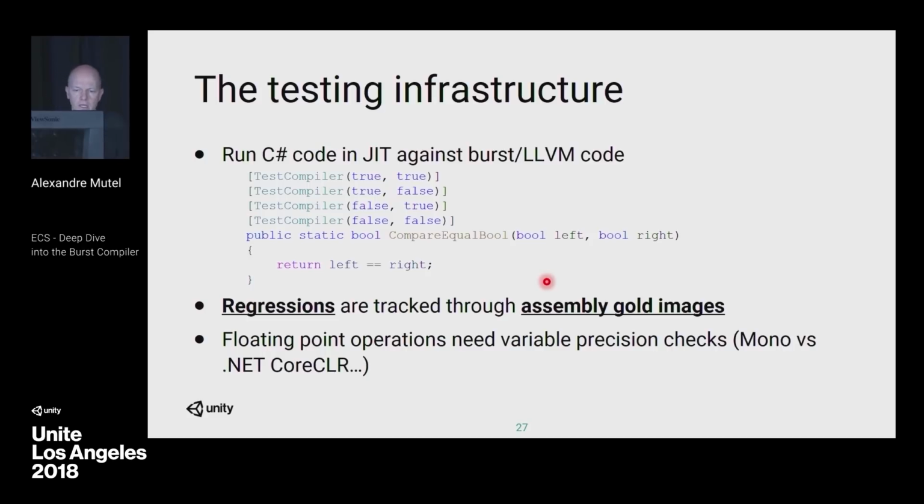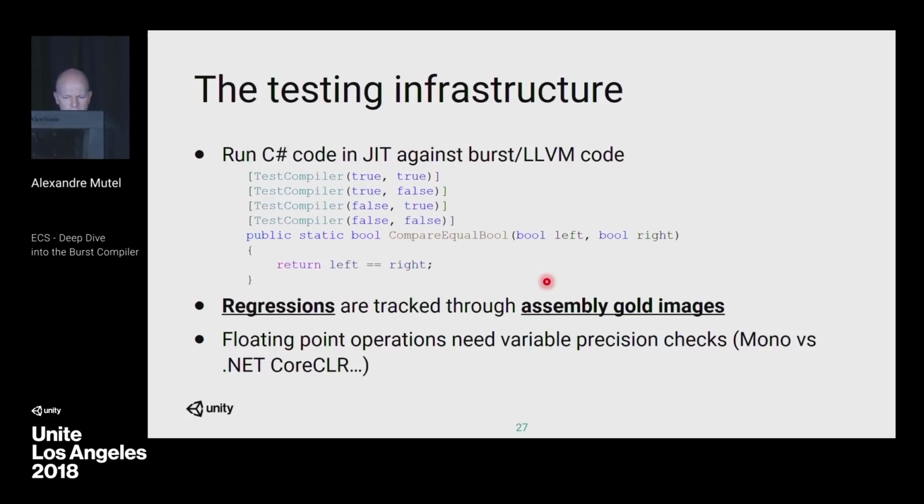We can send variation permutations to the arguments, and we have 1,300 tests like this, and with permutations it goes up to 30,000 or 40,000. We are also tracking regressions by using assembly gold images. As soon as we have validated some tests, we generate on disk some assembly that freezes the state of what we are expecting for the output, and then we track this on every build, on every commit when we run the tests.